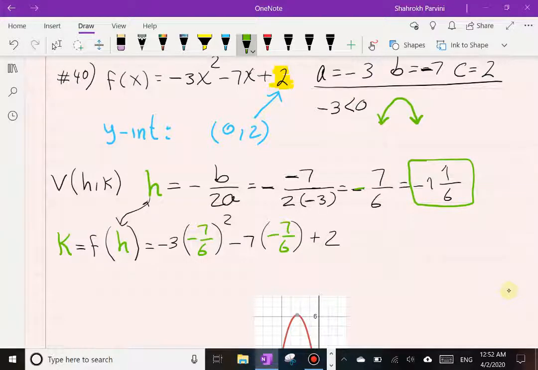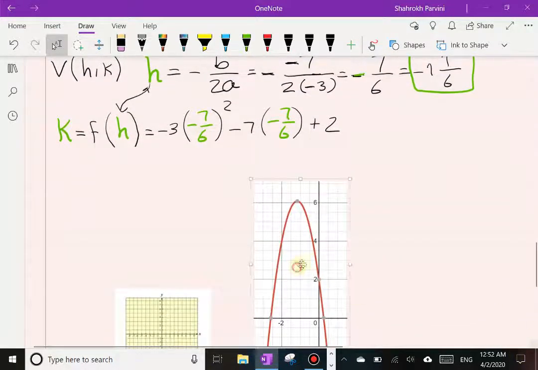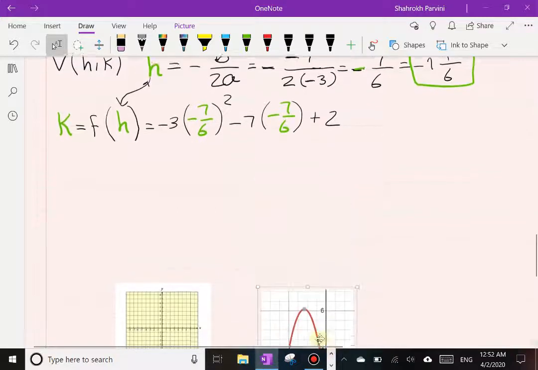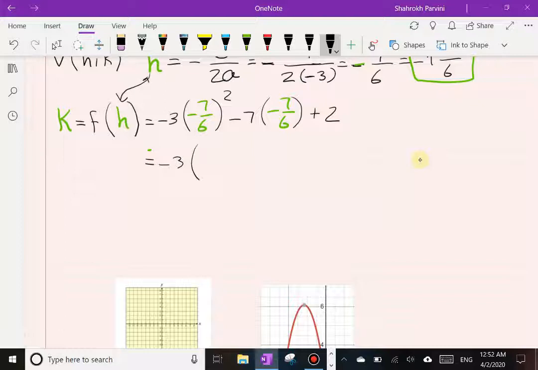Now, I trust you can do the fractions, but just because fractions are always problematic, let me just put the steps in here for you as for how I did this. So what we do next is the following. Equals -3. Now 7/6 squared, 7 squared 49, 6 squared 36, right?